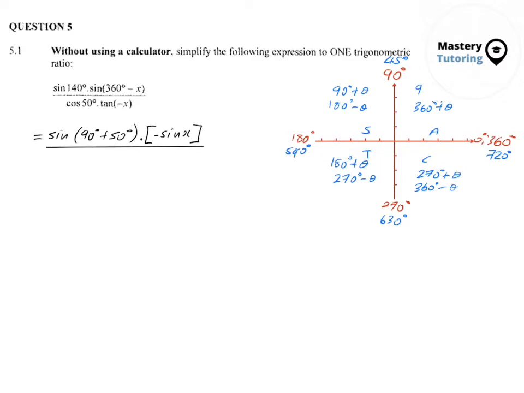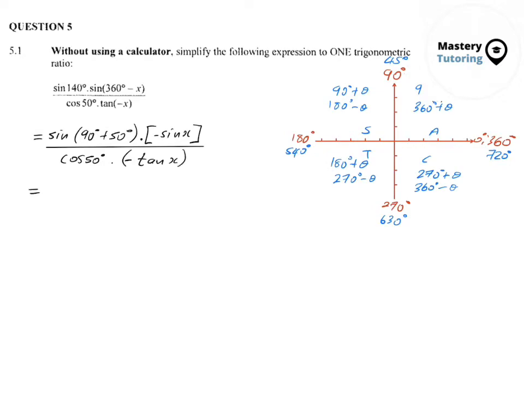And then this is going to be divided by the cos of 50, this one we leave as it is, we don't change it. And then tan negative x, if you multiply this tan into this negative x, it becomes negative tan x. We'll just put it in brackets there.